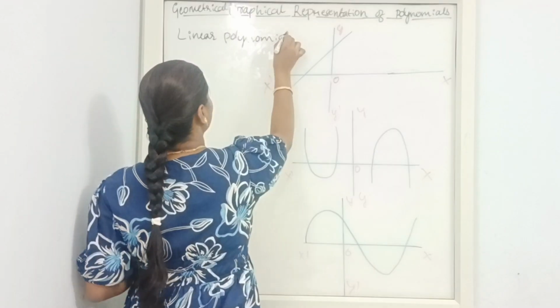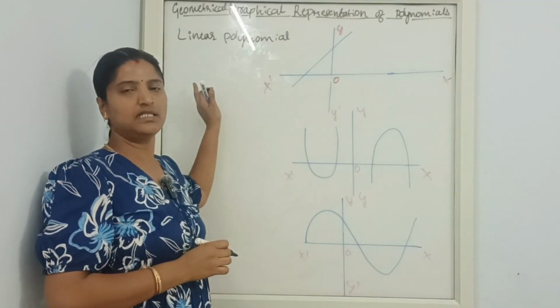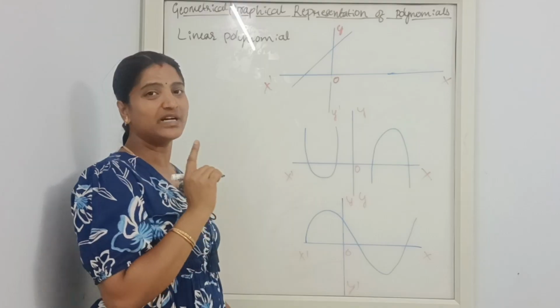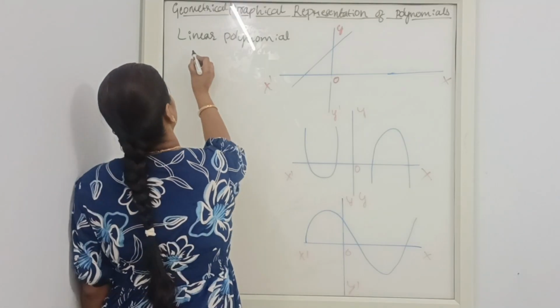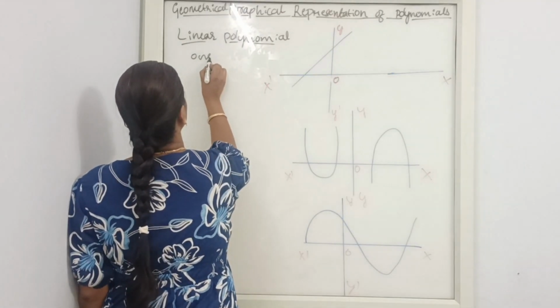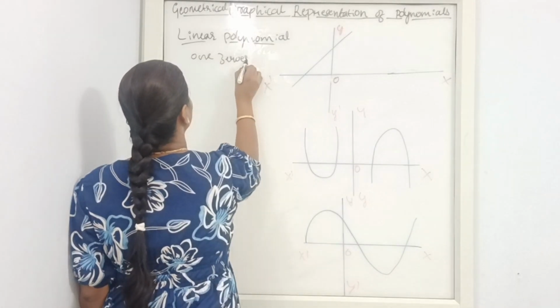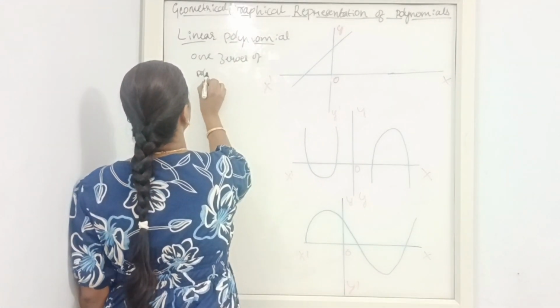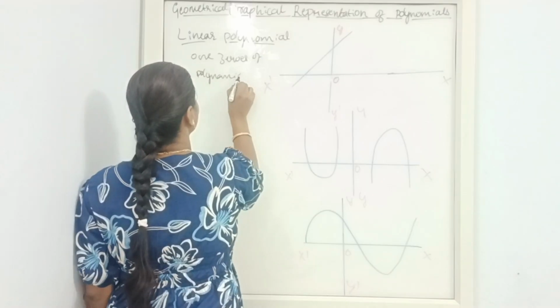Linear polynomial, already we know that it is having only 1 zero, only one solution to equate to 0.